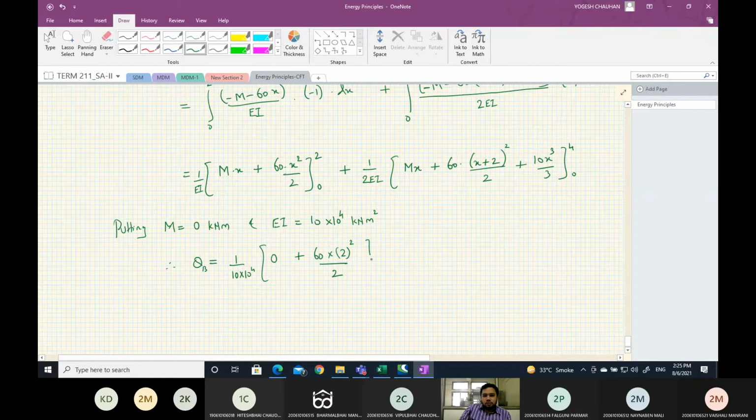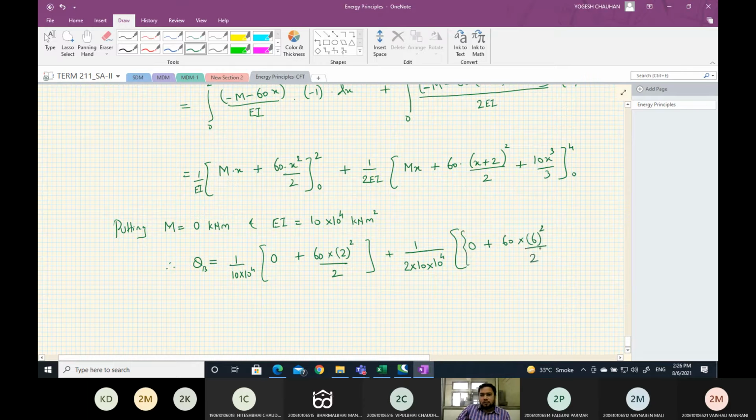Lower limit is 0, so it will be 0 only, plus 1 upon 2 into 10 into 10 to the power 4 into the bracket, this term will be 0 plus 60 into, substituting 4, it will be 6 square by 2.